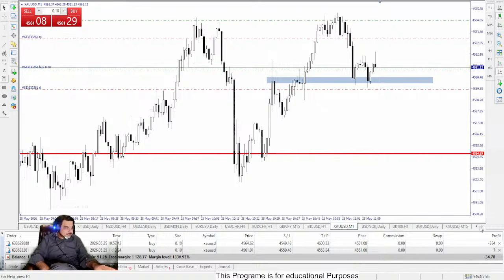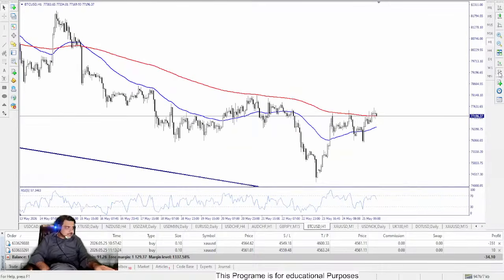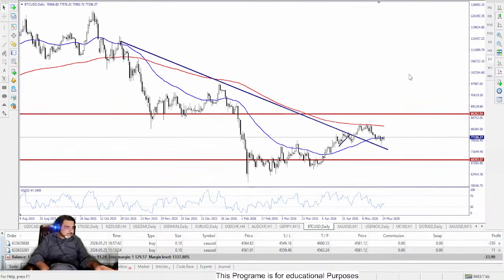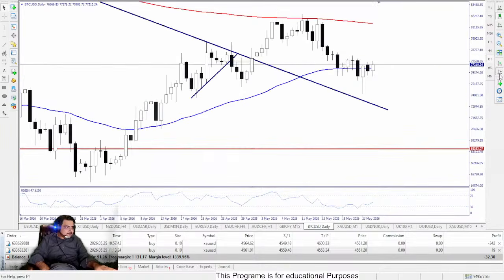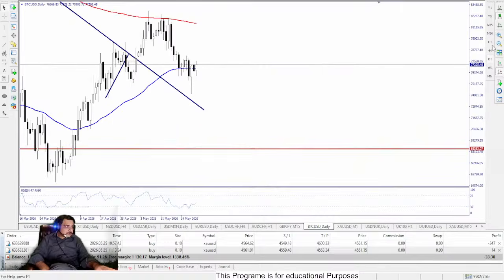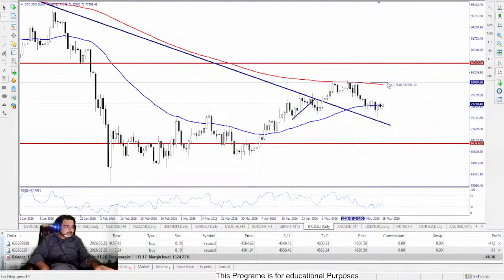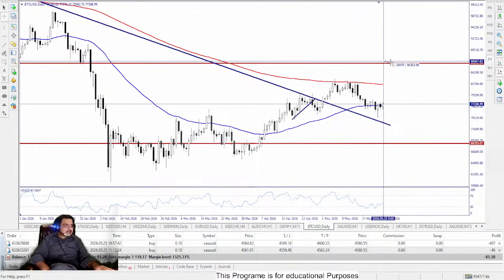Where is USDJPY, BTC? Let's see. Still remain inside the zones, okay. BTC also shows going up. 77,000 it is, and 82,000, around 5,000, 86,000 is its overall situation.